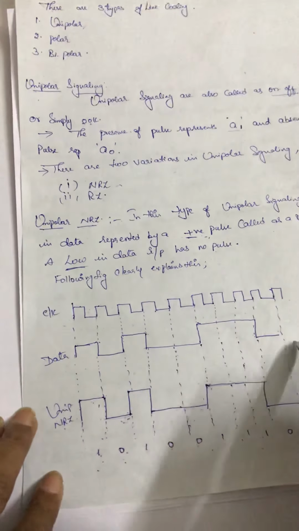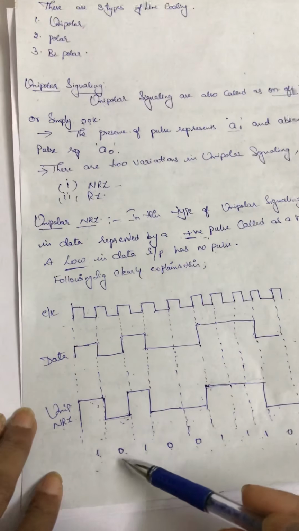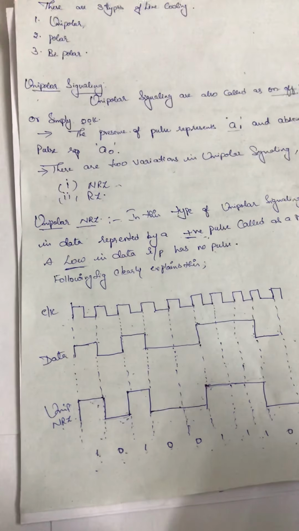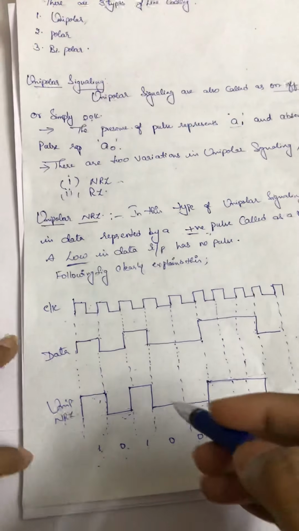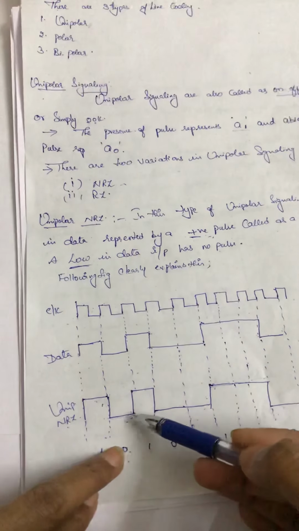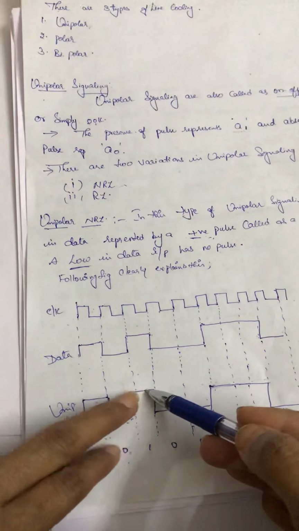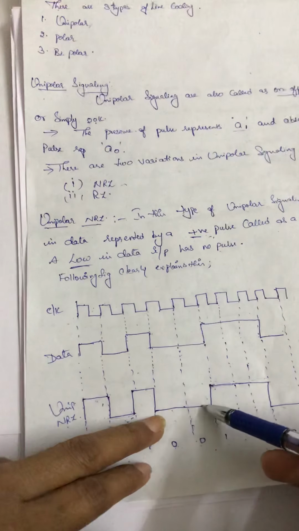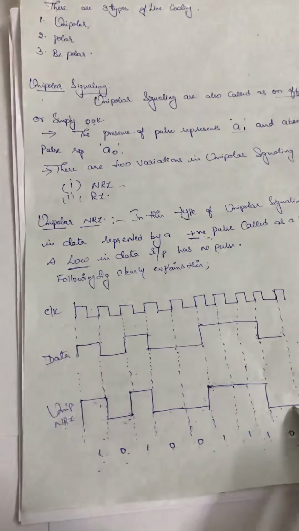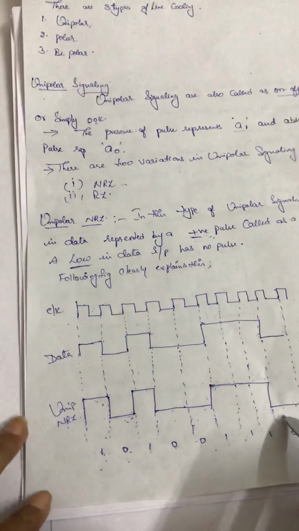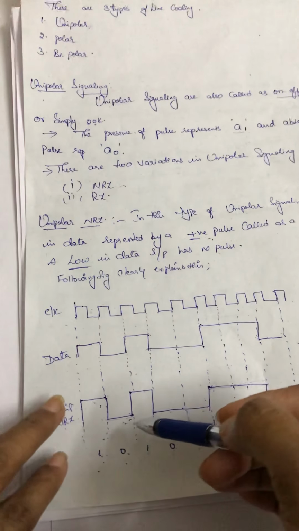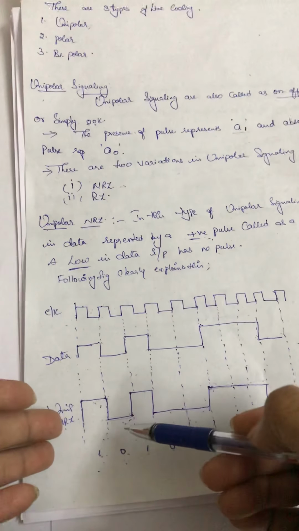This is our binary data 1 0 1 0 0 1 1 1 0, which we are converting into signals. 1 means a positive pulse, 0 becomes 0 voltage; 1 becomes a positive pulse, 0 becomes 0 voltage; again 0 indicates 0 voltage; 1 positive, again 1 positive, 1 positive; 0 voltage indicates a 0 bit. Like this we can convert our data into a digital signal.